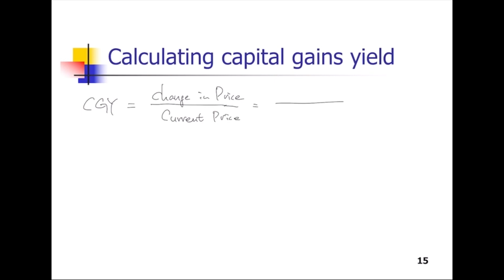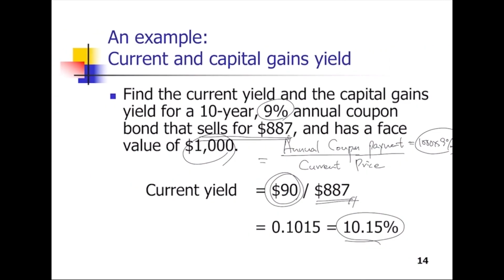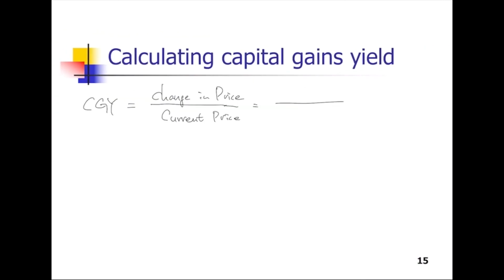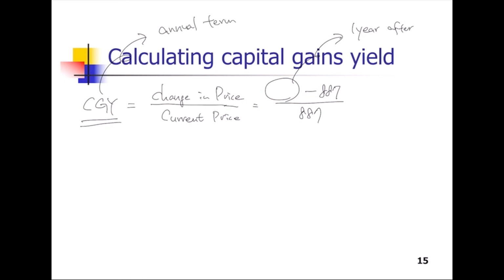We already know the current price is 887, and the numerator is the change in price, so the current price minus some number. How long? 1 year after. Because CGY is an annual term, we use the next year's bond price.